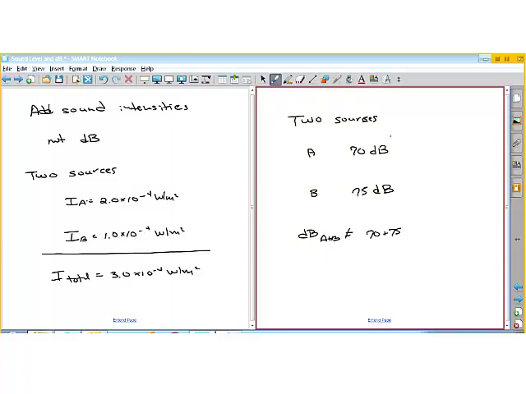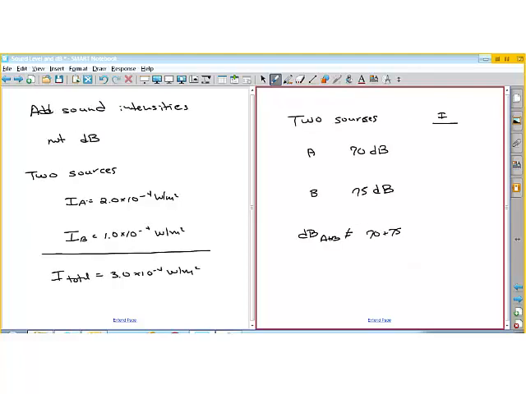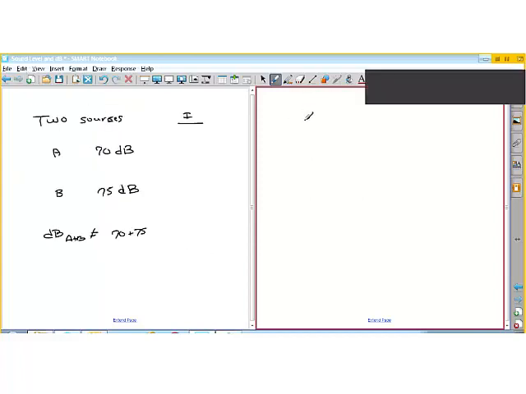So you can't add decibels. What you'd have to do is convert these two to intensities. So you'd have to come up with a corresponding intensity. And the way you do that, again, is what we did in the previous example. We'd have to go through this procedure. So let's just do that.